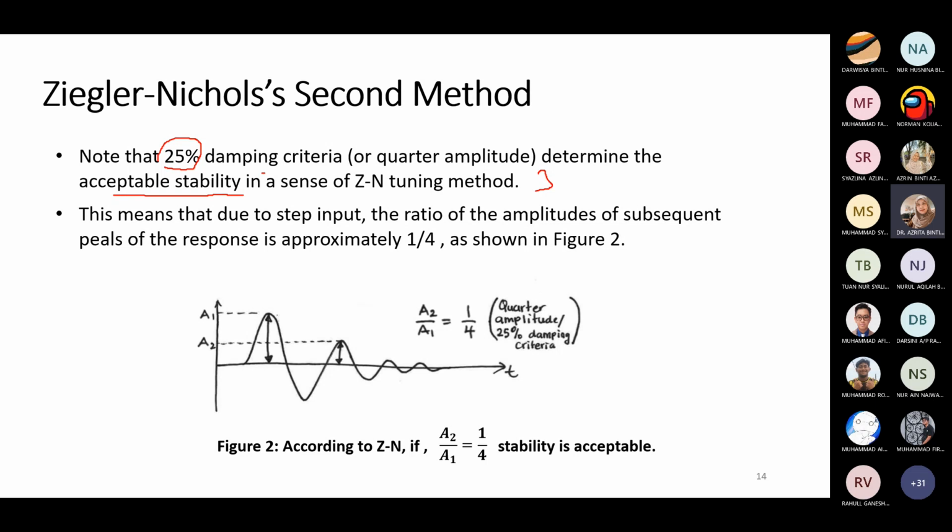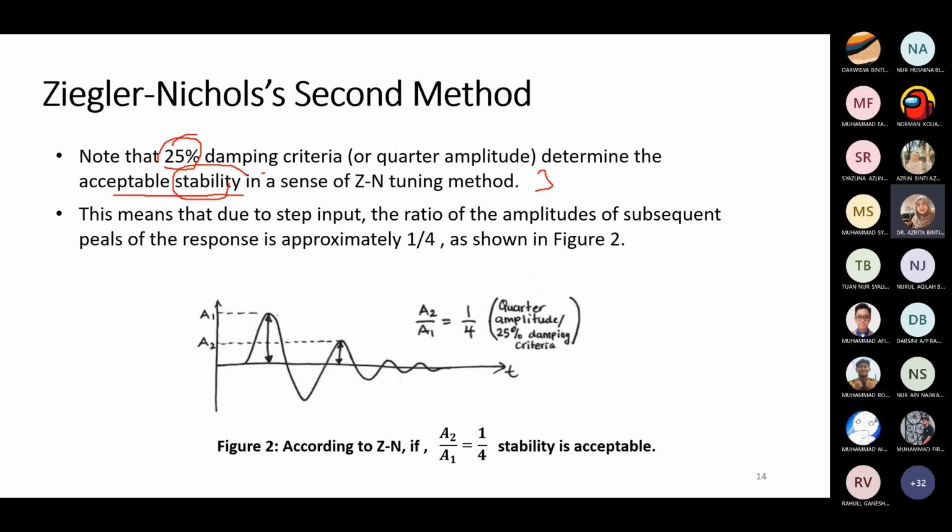Maybe this is a very suitable value for stability. So that's why ZN assume that the percentage of overshoot must be 25%. So 25% means one quarter, approximately 1/4.